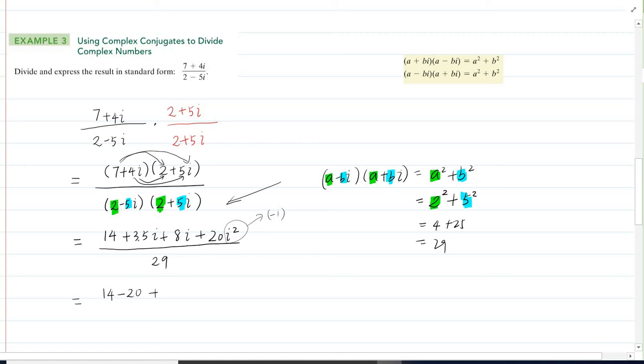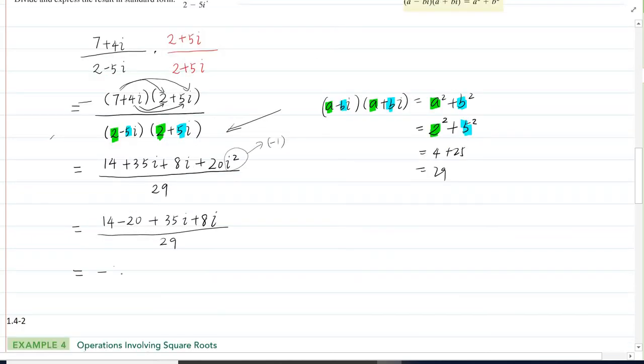Then we have plus 35i plus 8i. So 14 minus 20 is negative 6, and then we have plus 43i over 29. You're going to say, hey, can I just stop right there?